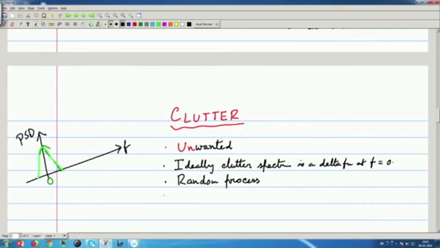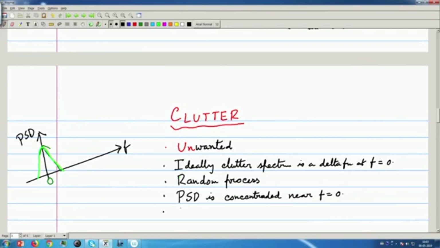I can say that its PSD is concentrated, obviously, with most of the power near f equal to 0, and it is on both sides of the frequencies, because there can be motions in either direction.